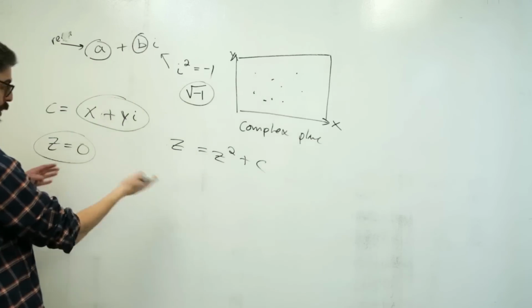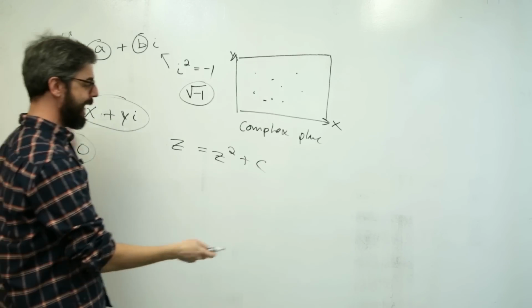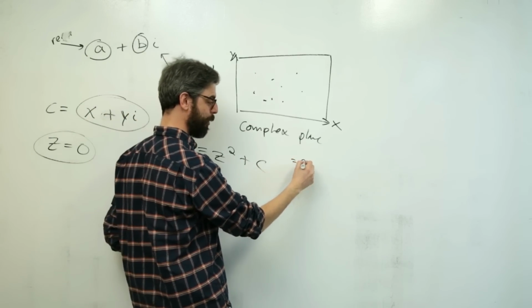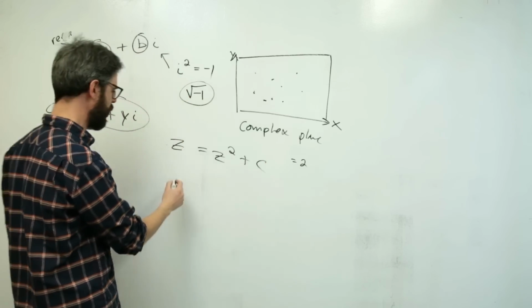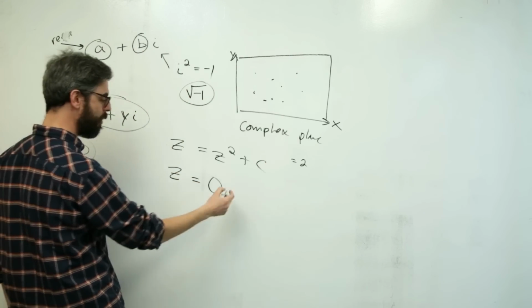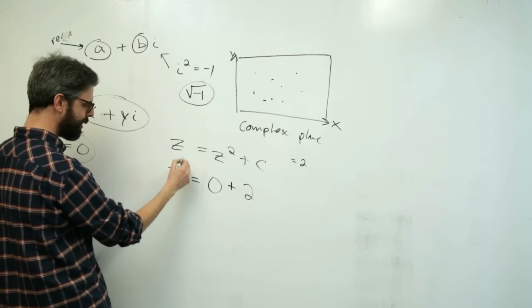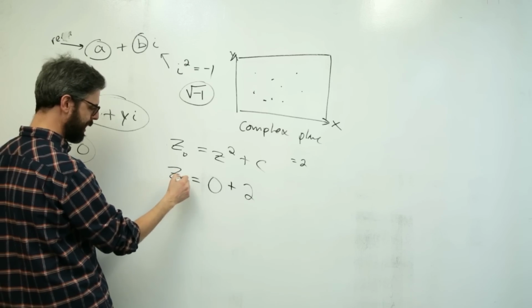Let's just forget about complex numbers for a second, and say c is the number 2. We're going to say z is 0, squared, plus 2. So now z is 2. This is like z sub 0.